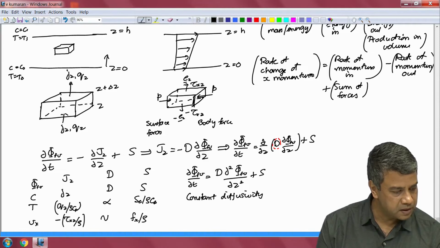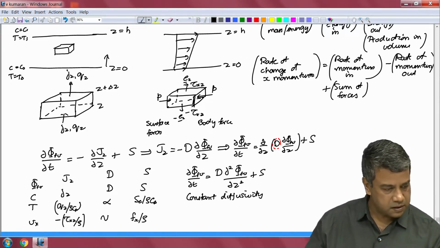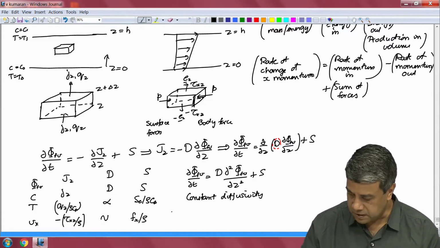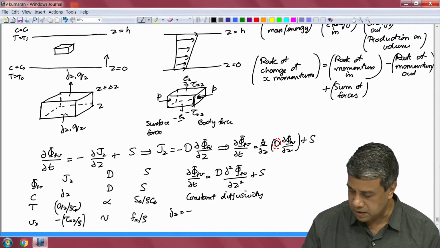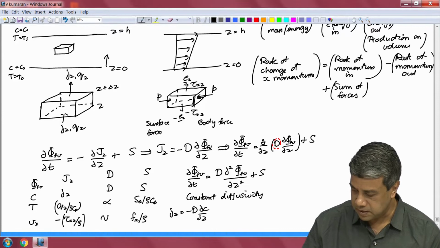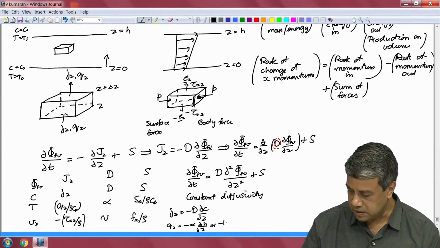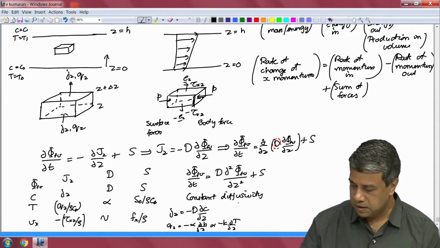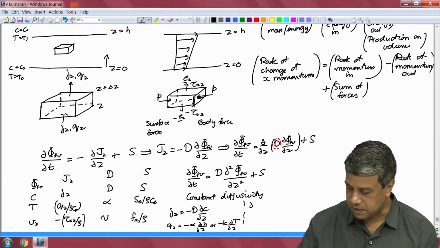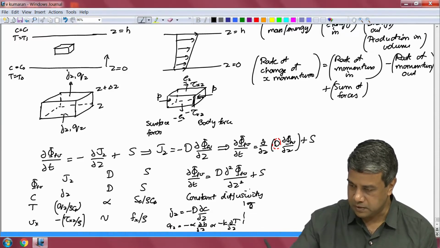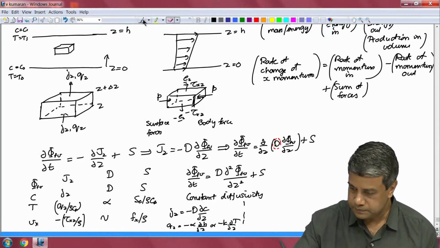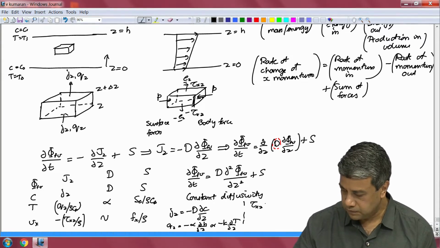And the constitutive relations are Fick's law, where Jz is equal to minus D partial c by partial z, and Qz is equal to minus alpha times partial of enthalpy by partial z, or minus k partial T by partial z, and for momentum transfer it is tau xz, Newton's law, that is equal to nu times partial Vx by partial z.